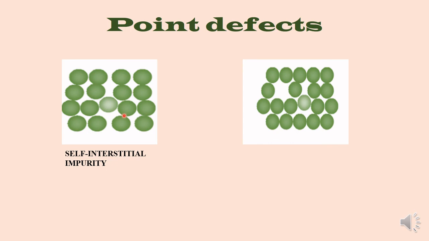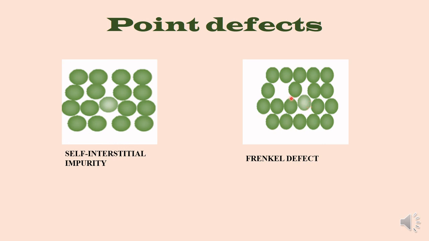Fifth type of point defect is called Frenkel defect. When a silicon atom sits in an interstitial lattice site with an associated vacancy, it is called a Frenkel defect. That means here one silicon atom is missing and here one silicon atom appears between two silicon atoms.